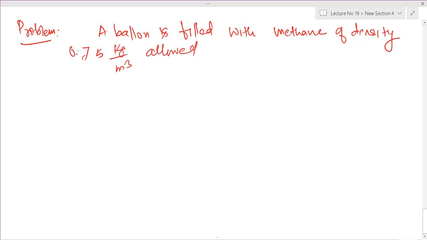So this is less than air density, right? So methane will float above the air, allowed to float in air with a human.